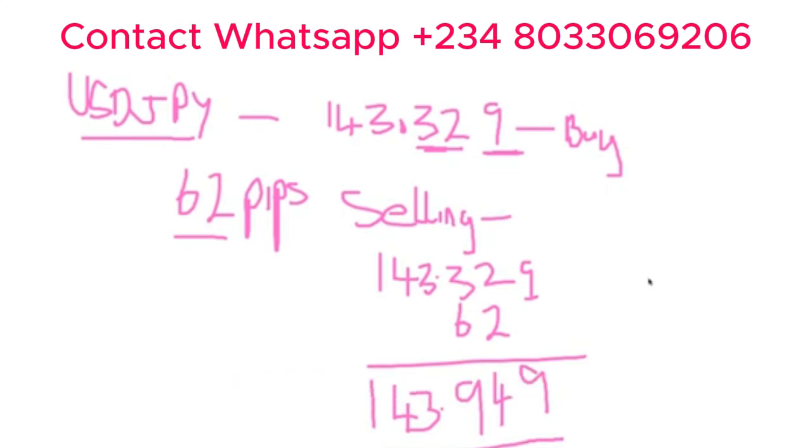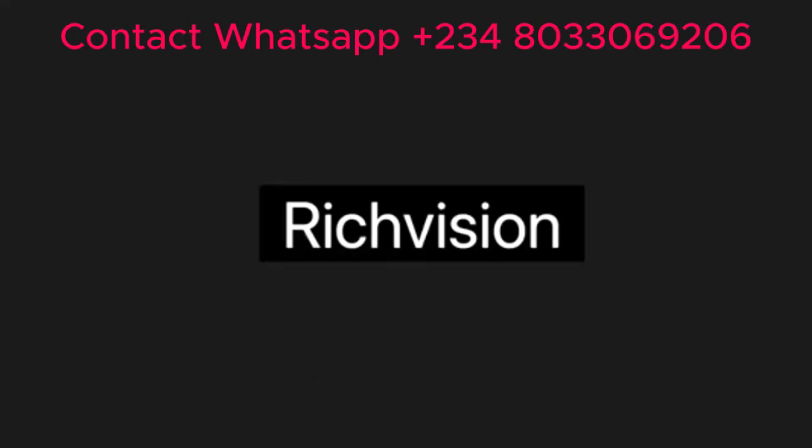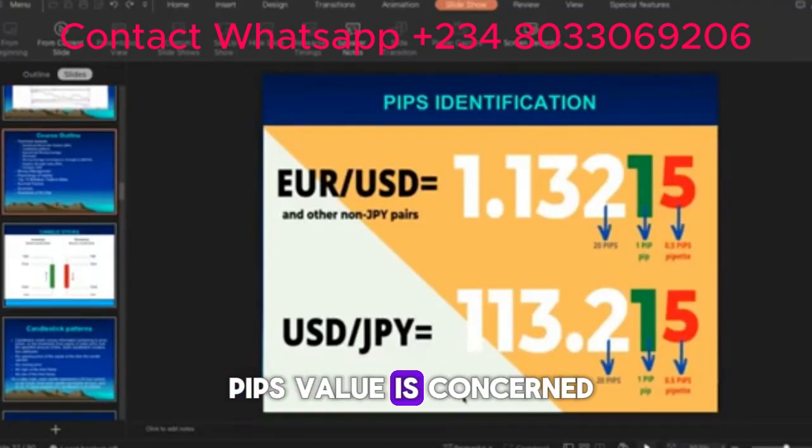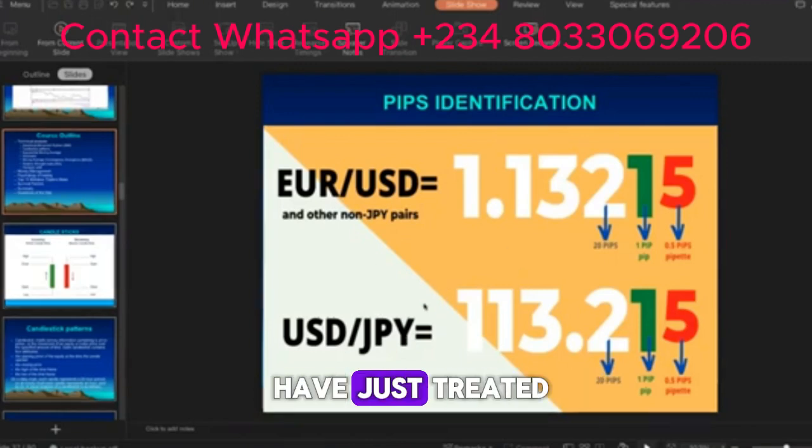All right. I think we're still going to be having more of these exercises as we go on. But I think that lays the foundation for you as far as understanding the pips and pips value is concerned. This is what we have just treated.